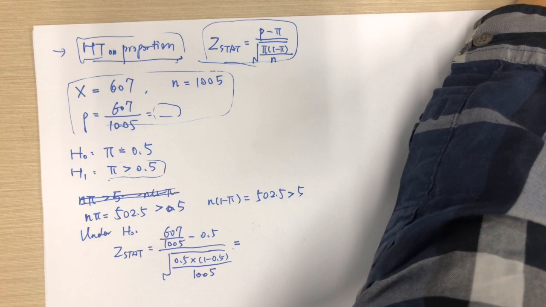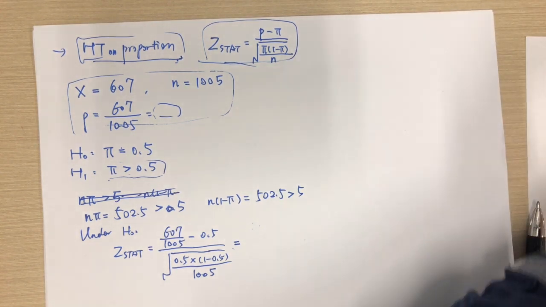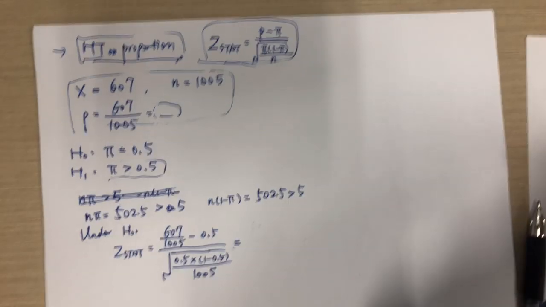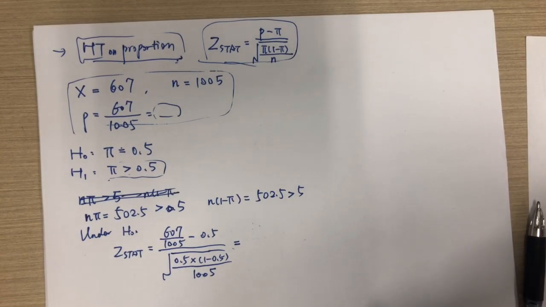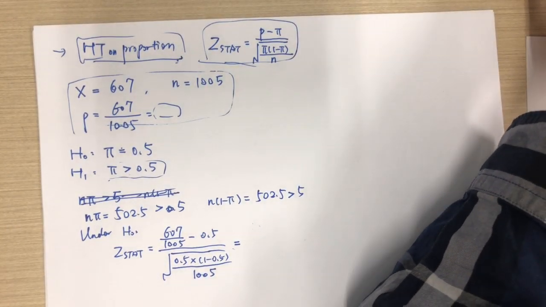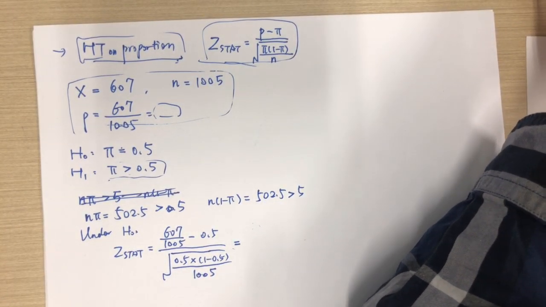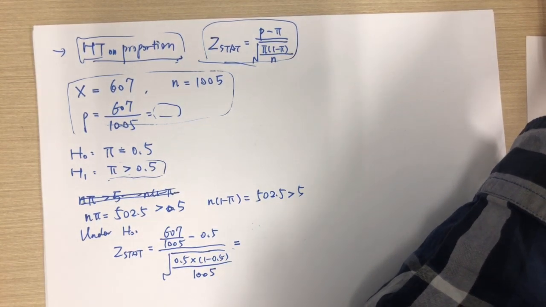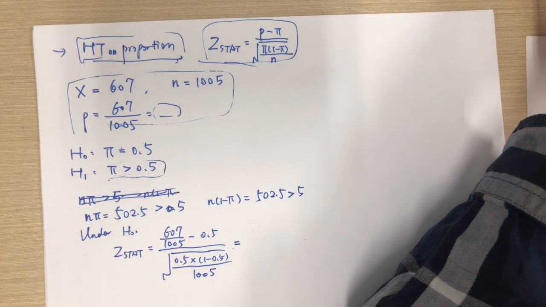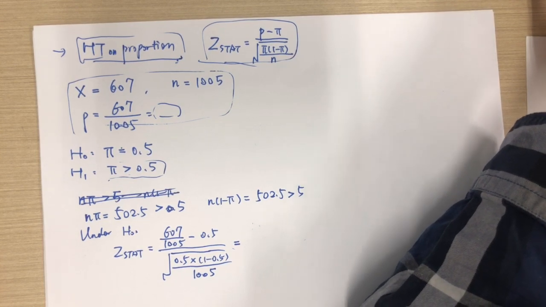So this z-stat is, oh my god, so hard. 607 divided by 1005 minus 0.5, divided by, sorry, I'll need to put a bracket, 0.5 times 0.5 divided by 1005.